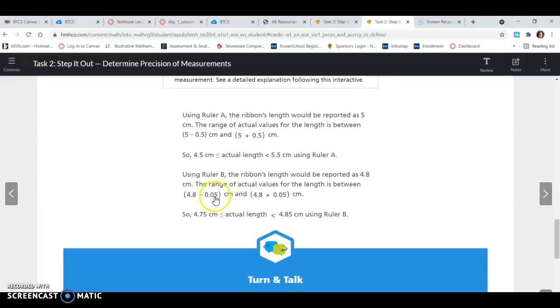And since that was in millimeters, you can take that even smaller. So we can do 0.05 plus and 0.05 minus, and that gives us the margin of error for this length. So the actual length is 4.75 centimeters, or between 4.5 centimeters and 4.85 centimeters.